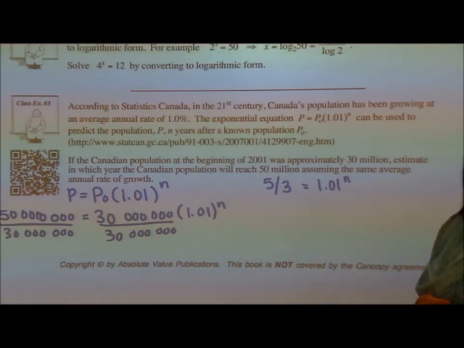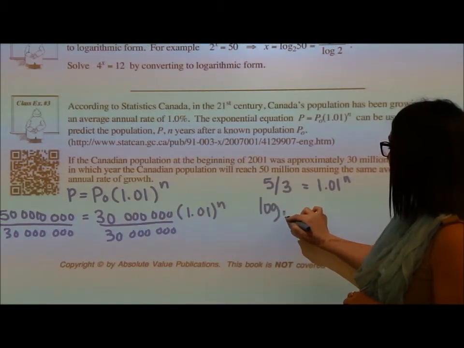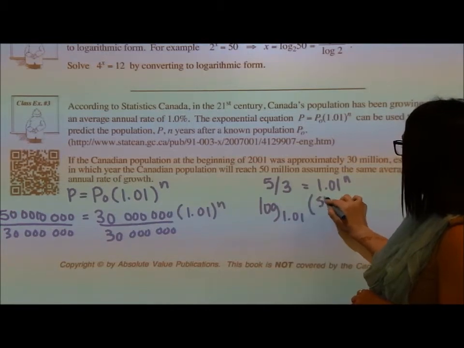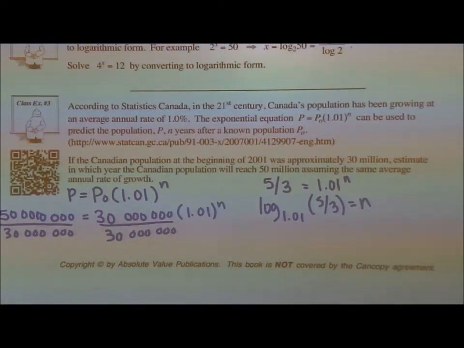Oh, made each side a log, didn't we? I could write it as a log. Log base 1.01 of 5/3 equals n.